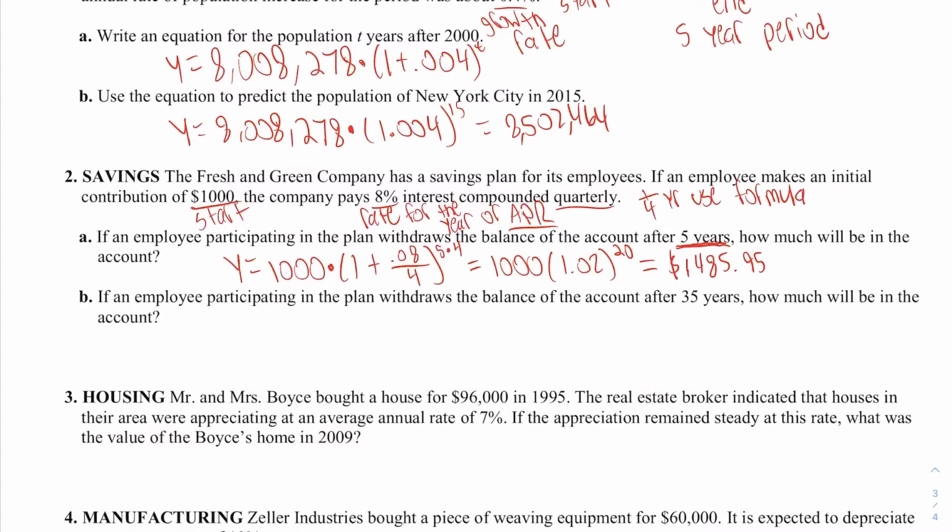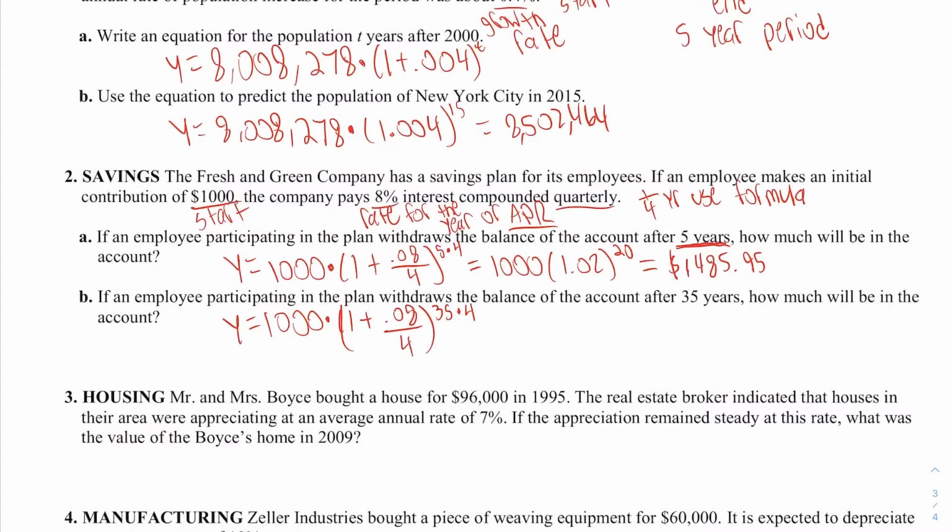In the next part, they want to keep the money in there for 35 years. Okay, so then we're still starting with $1,000. And the formula says 1 plus the growth rate. The growth rate is 0.08. We're compounding it quarterly, so we're going to divide by 4 because there's 4 quarters in a year. And then, because we're doing 35 years, we're going to multiply that 35 by the number of times it compounds, which is 4 times in a year.